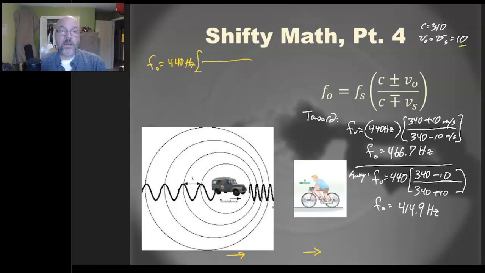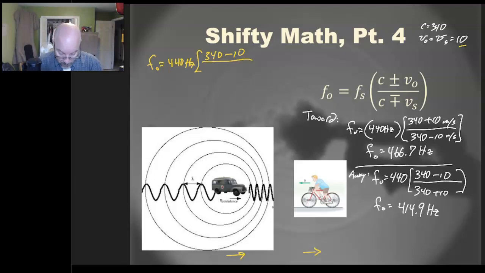Now the boy is moving away. That should stretch out the sound wave, so the frequency needs to go down. So 340 minus 10, and that's going to reduce the ratio.